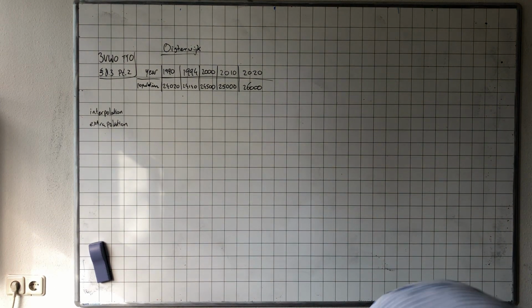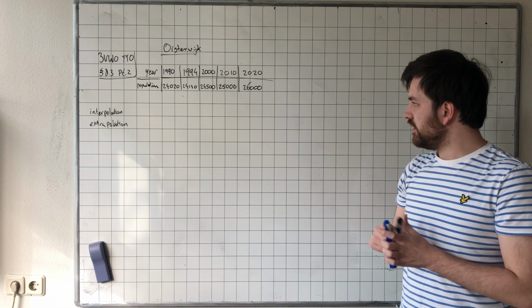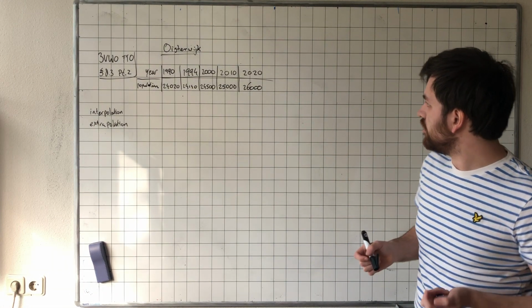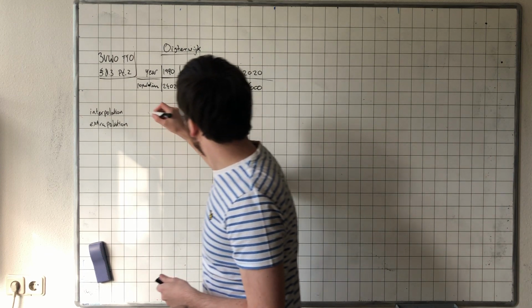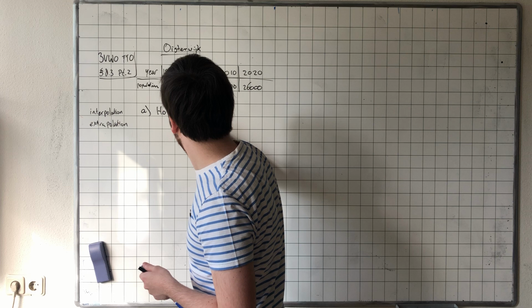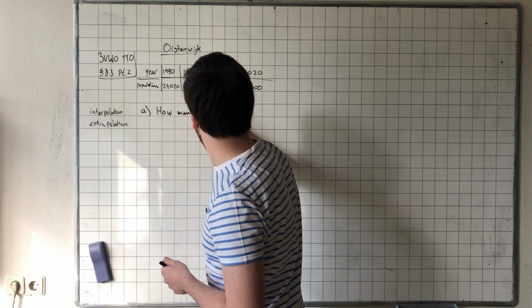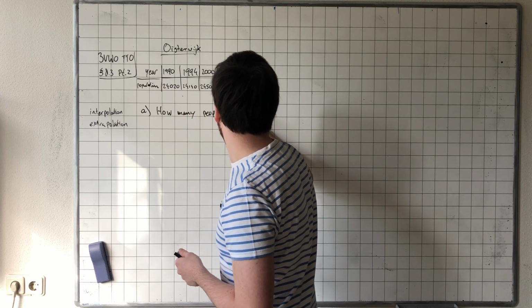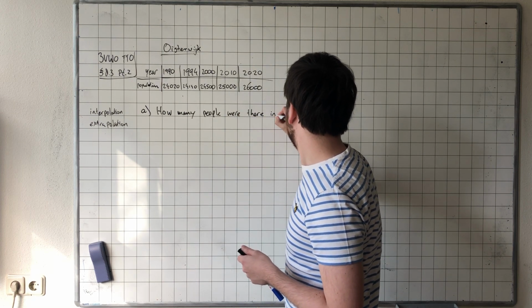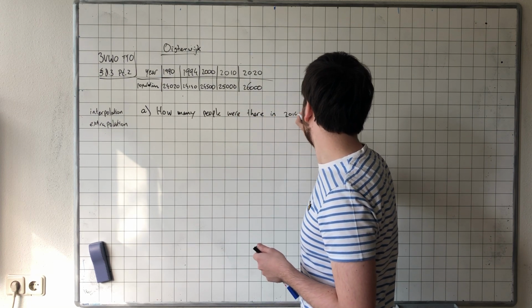So what is interpolation, for example? If you have a table like this, something that you might wonder is, how many people were there in 2014?